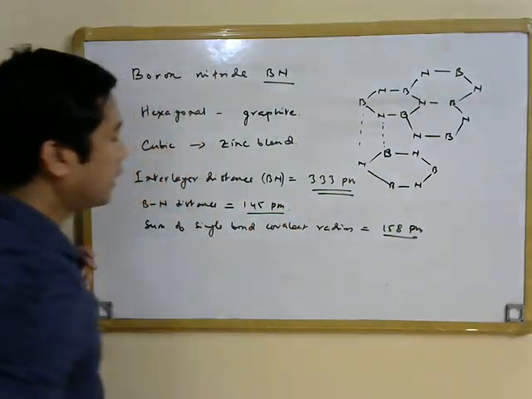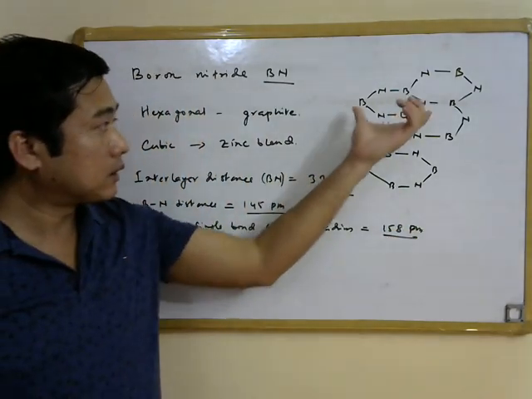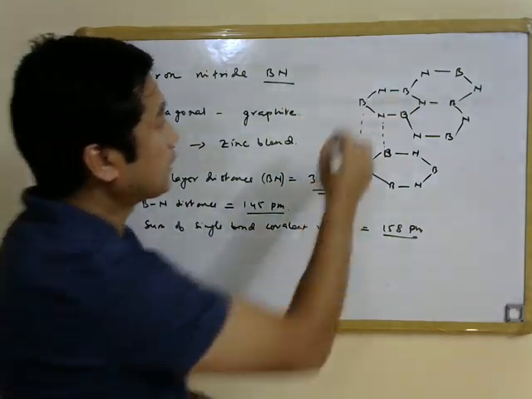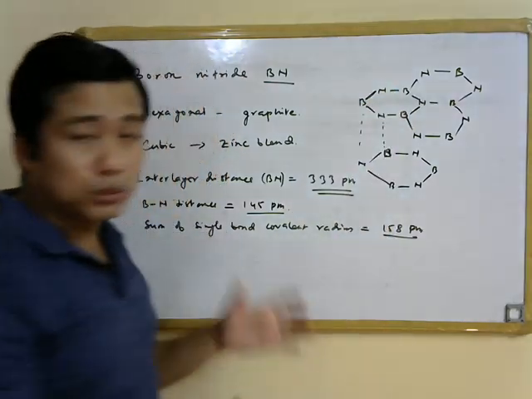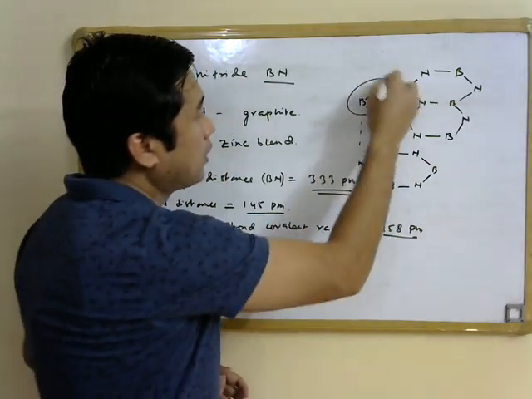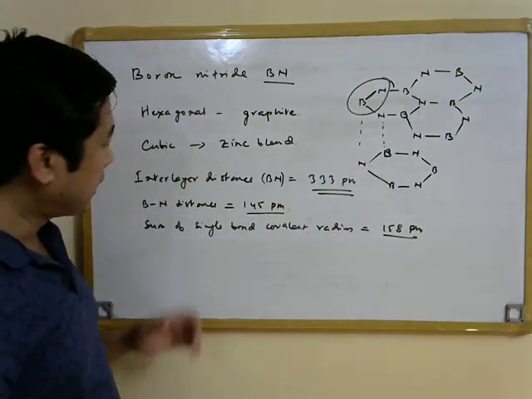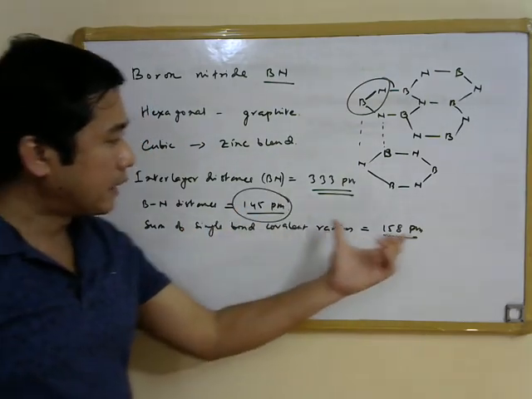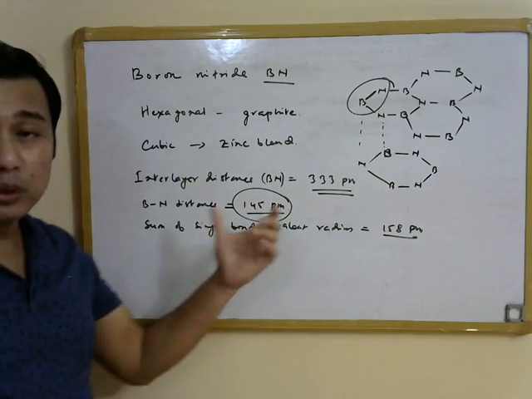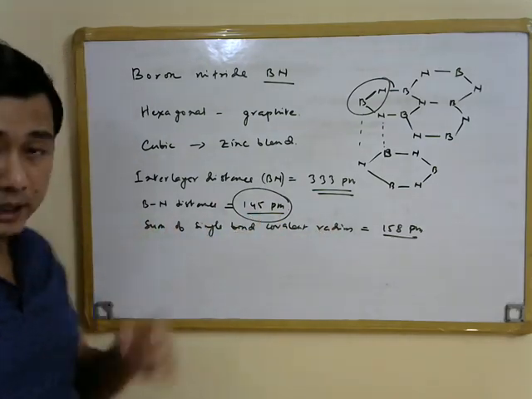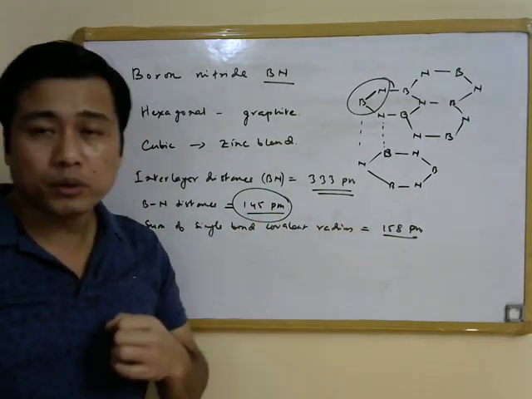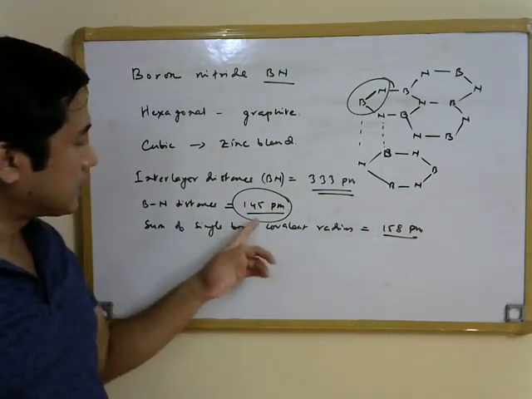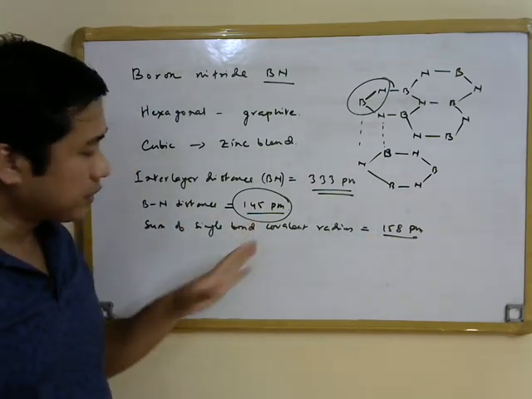So the BN bond distance, or intralayer BN bond distance, that is the BN bond distance within a given hexagonal sheet, is essentially much shorter than the sum of single bond covalent radii for boron and nitrogen, which is equal to 158 picometer, while the BN bond distance is equal to 145 picometer.